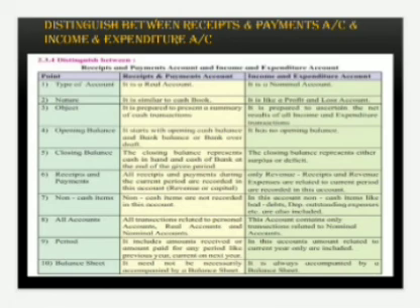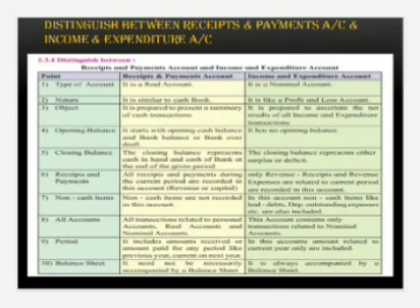Then, receipts and payments account: all receipts and payments during the current year are recorded in this account. Only revenue receipts and revenue expenses related to the current period are recorded in this account. Non-cash items are not recorded in this account, and in income and expenditure account, non-cash items like bad debts, depreciation, outstanding expenses, etc. are also included.